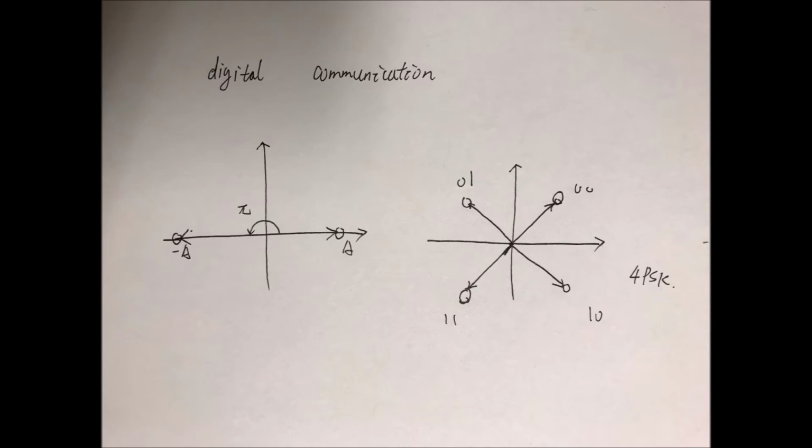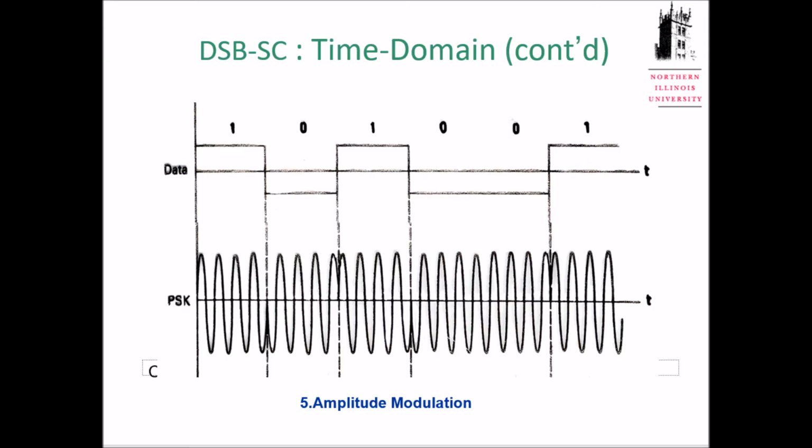You can have 8 PSK, 16 PSK. If you play with your amplitude, the length of your phasor, all these vectors will change. So you can have ASK and PSK, but FSK is very difficult to plot with this constellation.